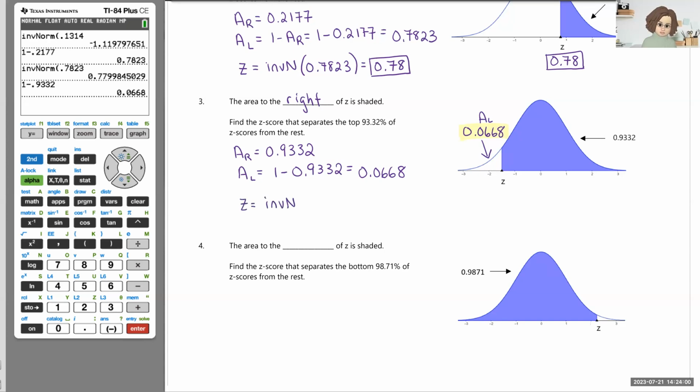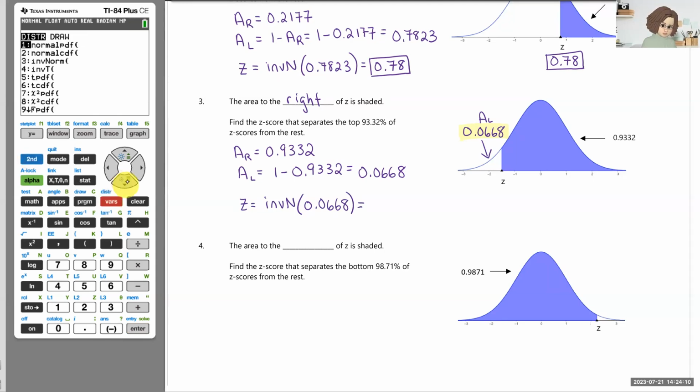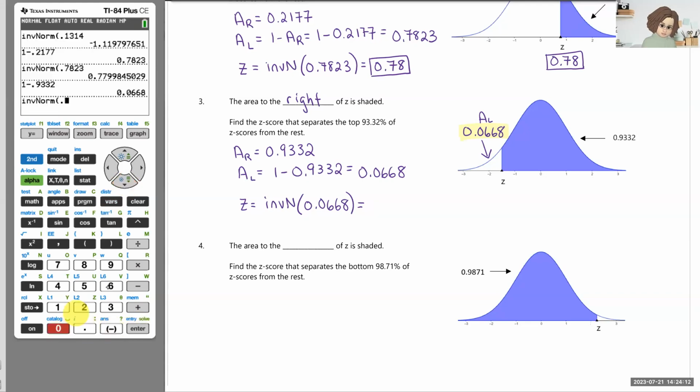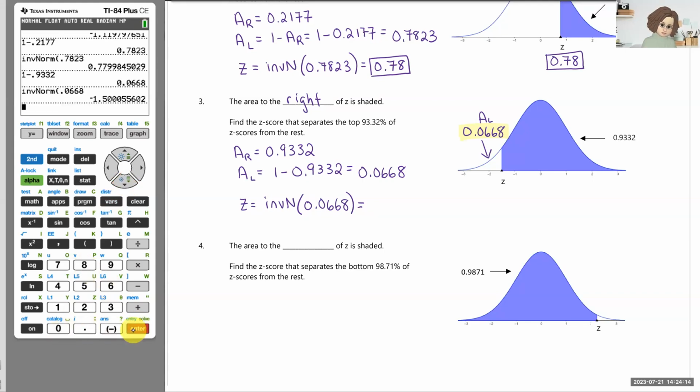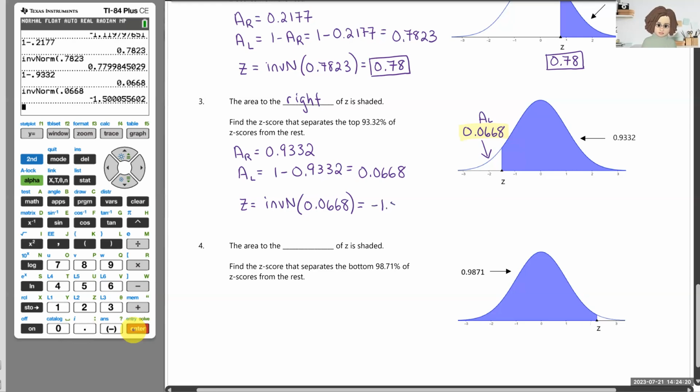So inverse norm, the area to the left of the missing z-score. Let's make sure we get a negative answer. So inverse norm 0.0668. And we get negative 1.50. That seems reasonable, a negative number.